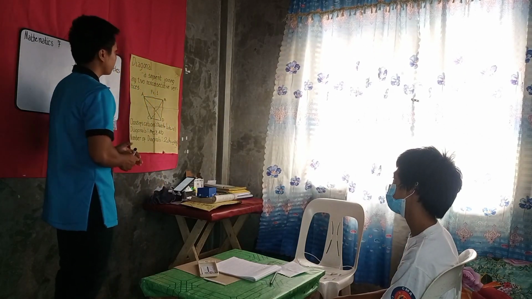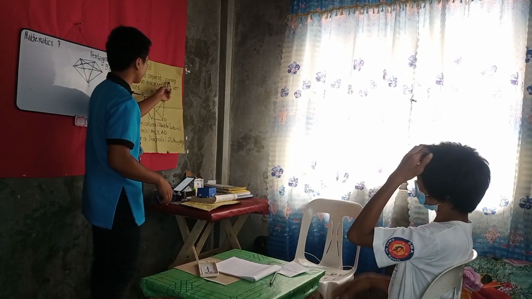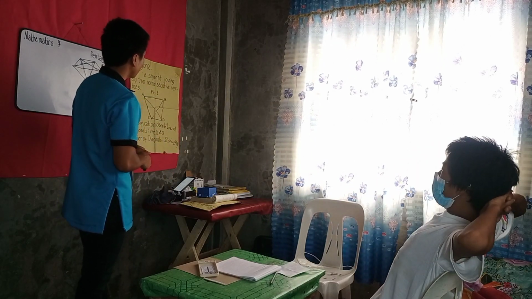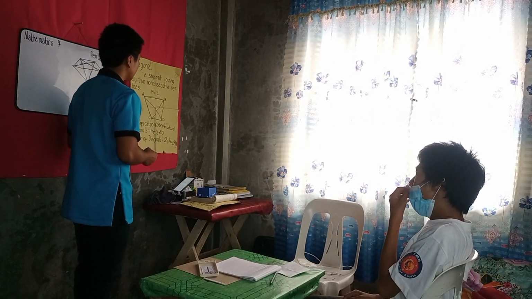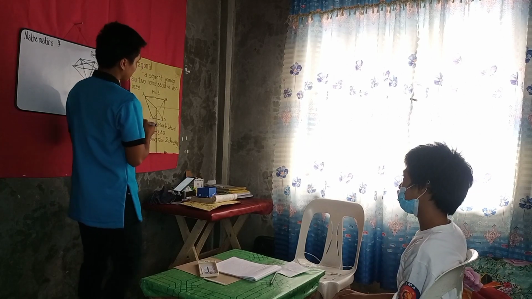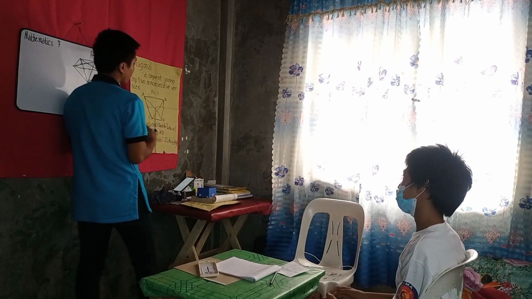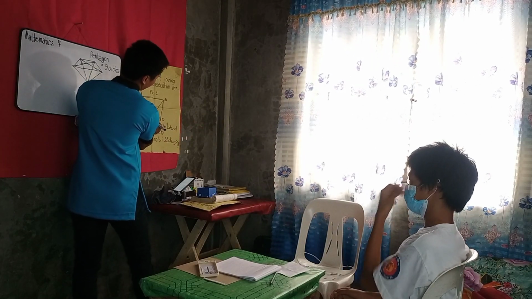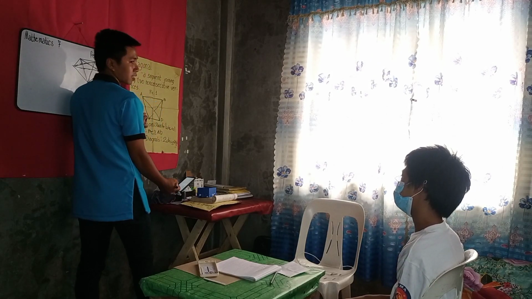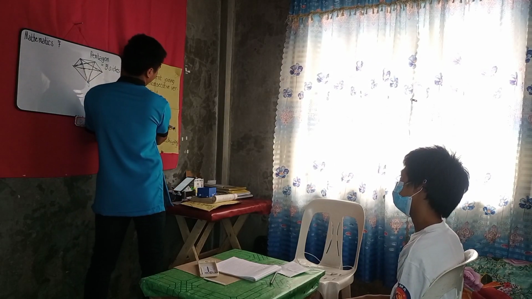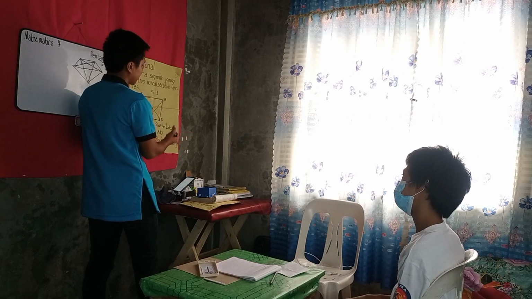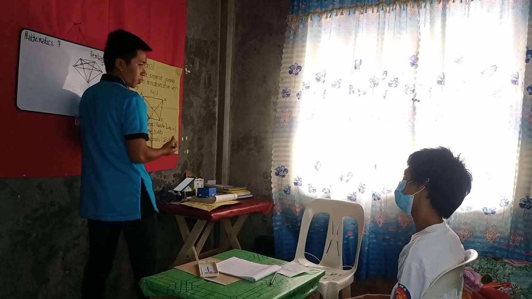Let us just remember that a diagonal is a segment joining any two non-consecutive vertices. Ibig sabihin nun, yung hindi magkasunod na vertices. Dito, magkasunod silang vertices, hindi yan diagonal, okay? It is a side of a polygon.